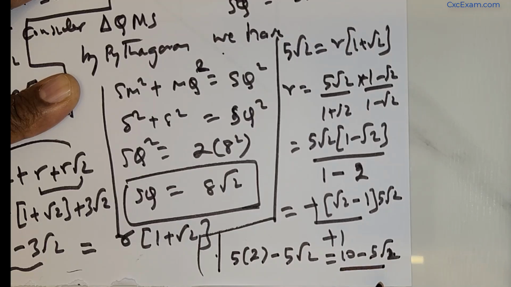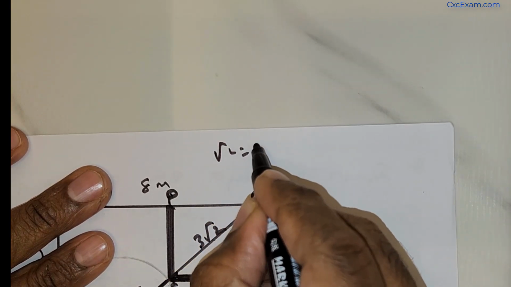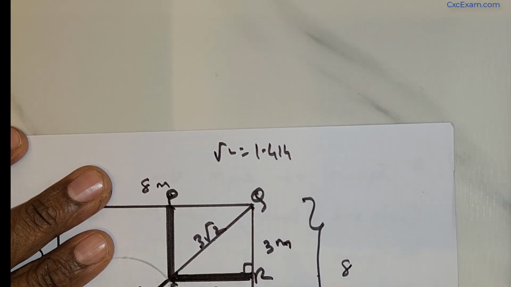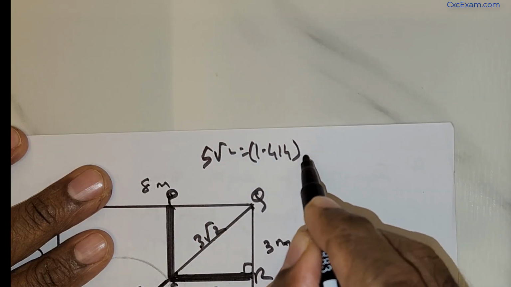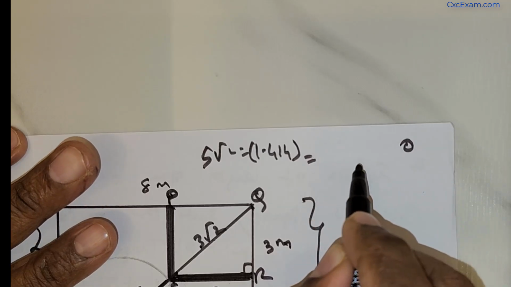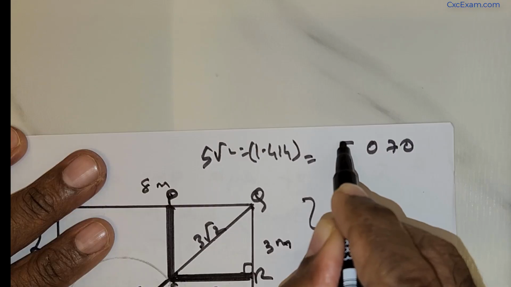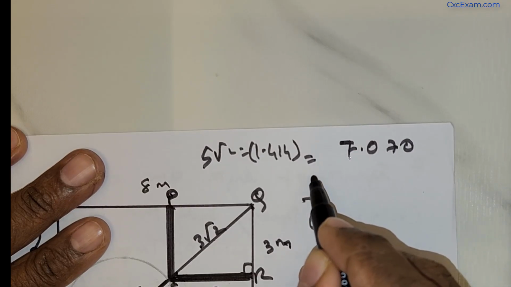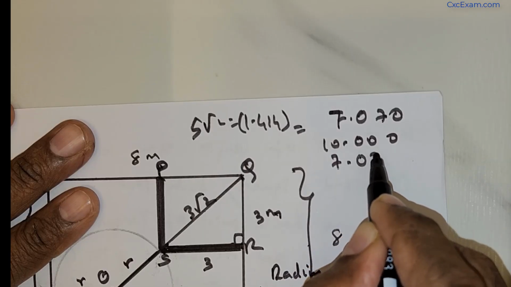Right. So let me use the value of root 2 there. So root 2 is 1.414. So if I multiply it by 5, I get 7.070. So from 10 you take away 7.070.